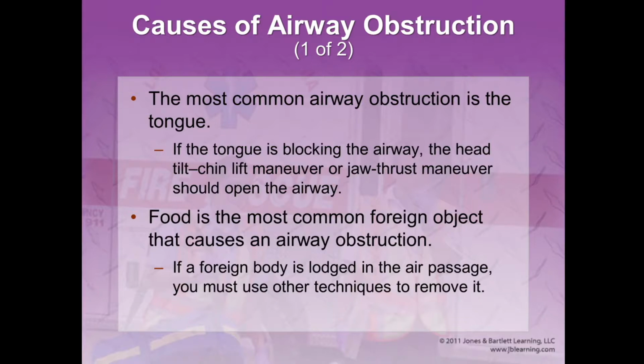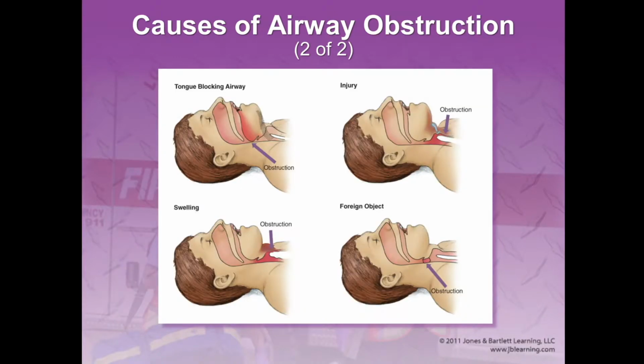No blind finger sweeps ever. If you have secretions or vomitus or some sort of more liquid obstruction, then we're going to be suctioning, no more than 15 seconds at a time. Don't suction on the way in, only suction on the way out.